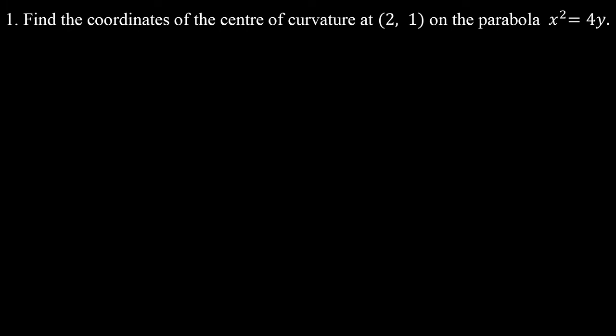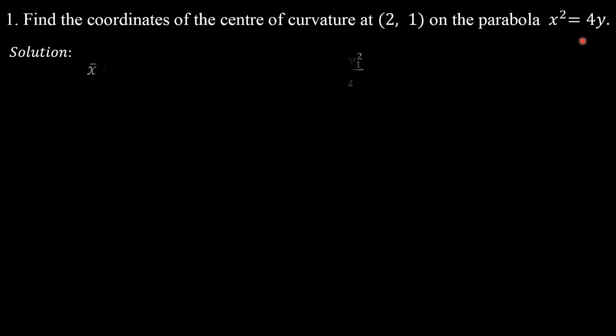Let me concentrate on problems, students. Here is the first problem: to find the coordinates of the center of curvature at the point (2, 1) on the parabola x square = 4y.